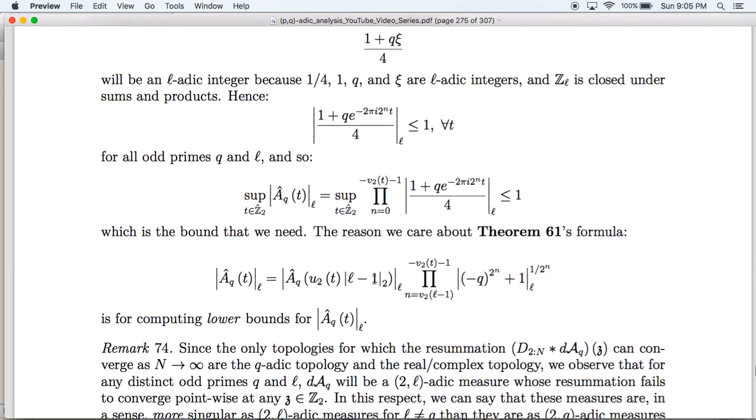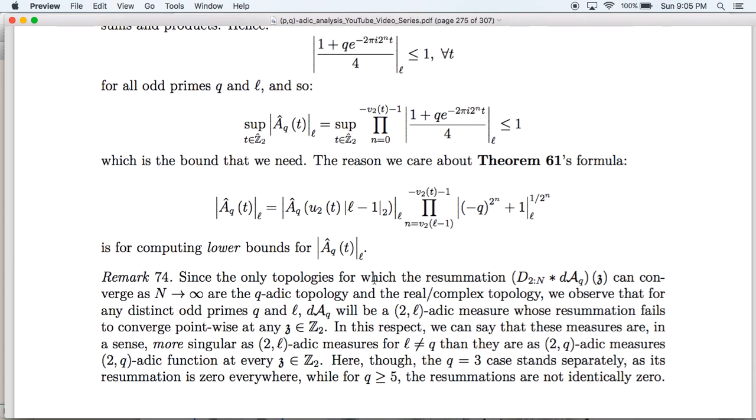And so, just a moral here: since the only topologies for which the resummation of the measure can converge as n approaches infinity are the q-adic topology and the real or complex topology, we observe that for any distinct odd primes q and l, our measure dA_q will be a 2-l-adic measure whose resummation fails to converge pointwise at any z in Z_2.